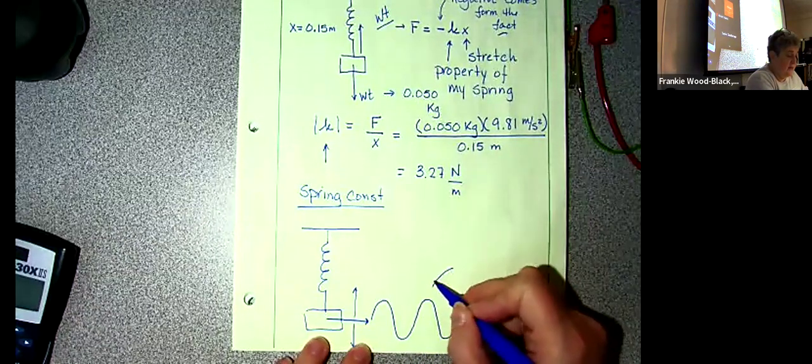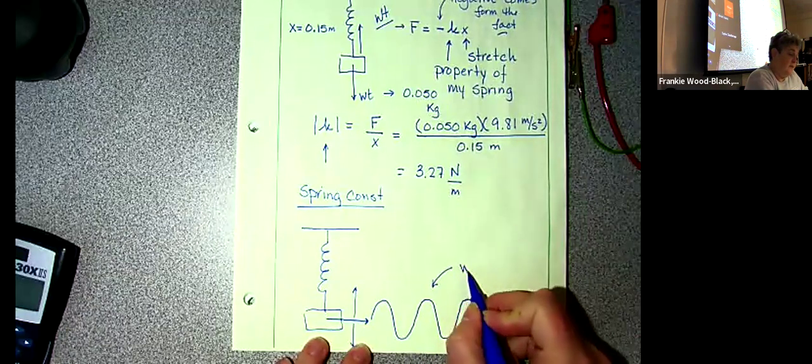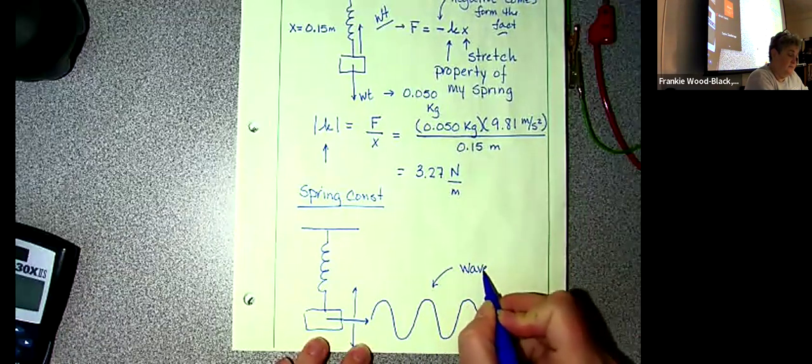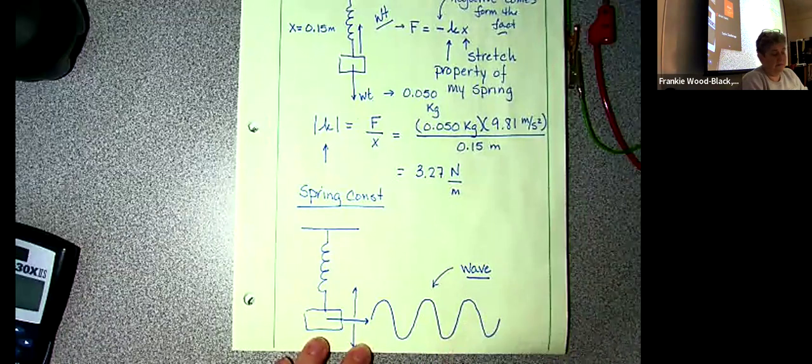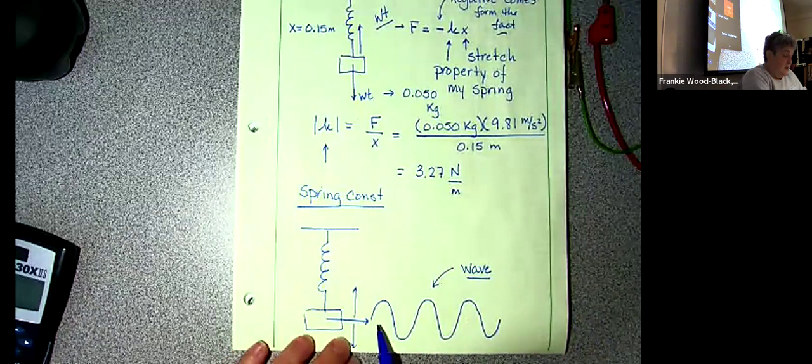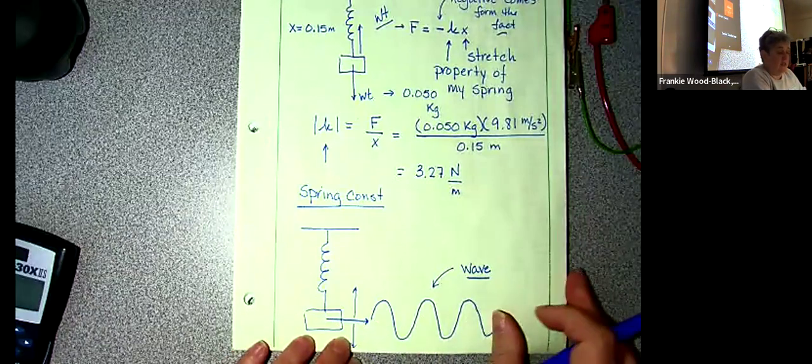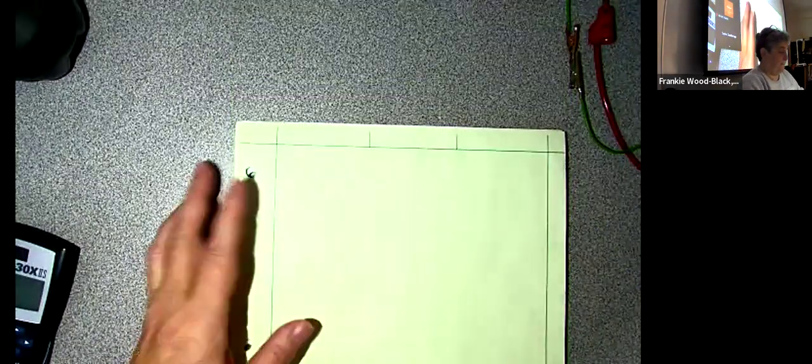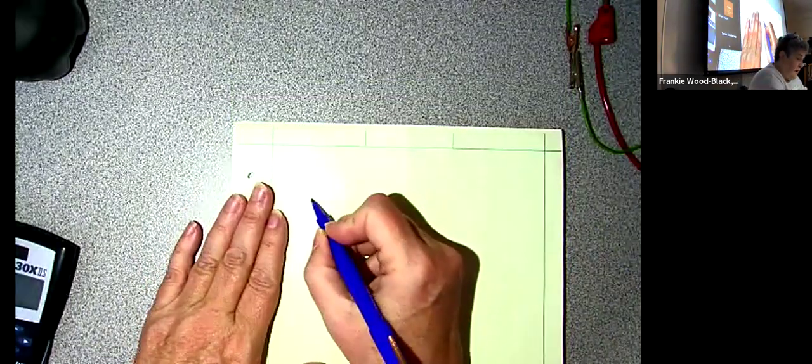And we can represent this as a wave. Right? We see them on water. We see them a variety of different places, and we can call that a wave. Let's look at some characteristics of our wave. So I'm going to draw my wave.